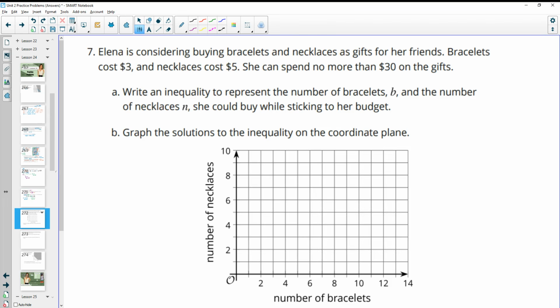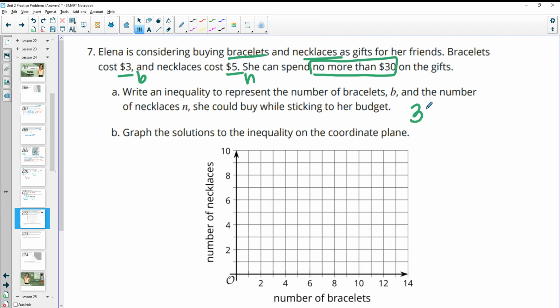Number 7, Elena is considering buying bracelets and necklaces as gifts for her friends. The bracelets cost $3 and the necklaces cost $5. She can spend no more than $30 on gifts. So write an inequality to represent the number of bracelets B and the number of necklaces N she can buy.